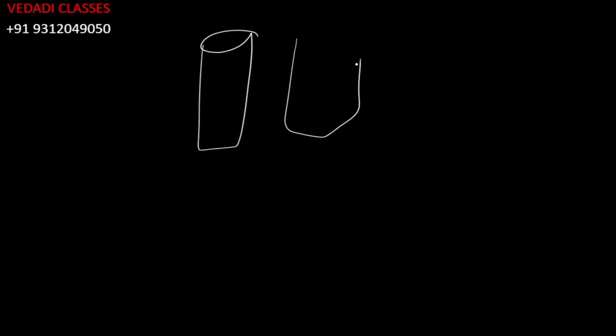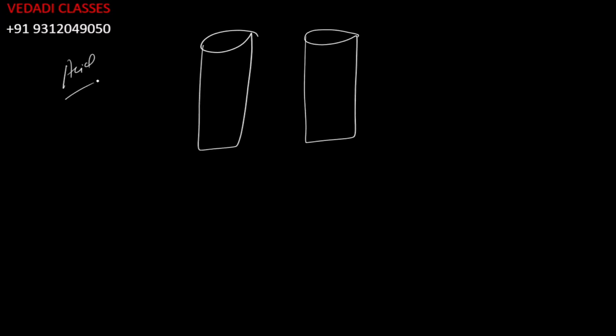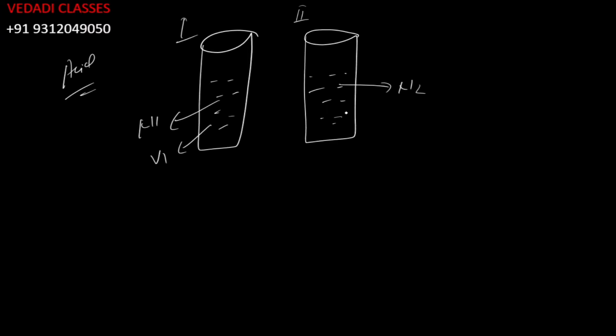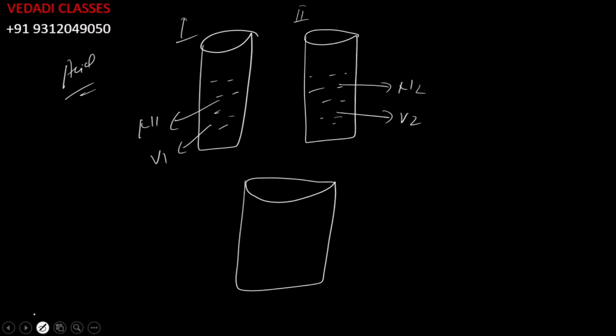Now again, if both are acids, two acids or two bases, suppose acid 1 has normality N1 and volume V1, and acid 2 has normality N2 and volume V2, and we mix them.